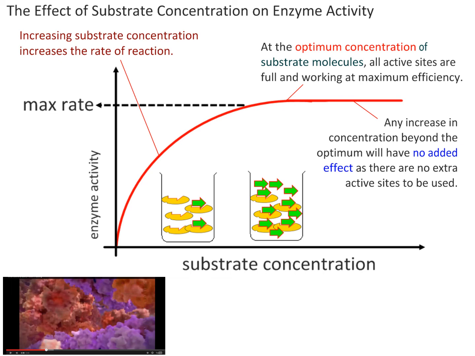Lastly, the effect of substrate concentration on enzyme activity. Again, let's use the analogy that enzymes are like construction workers. They're building something. So what they do is they take substrate and they build a product. Let's consider that for a construction worker, the substrate is nails.